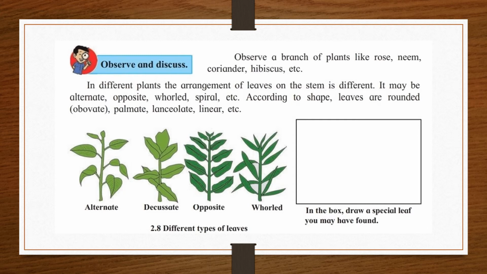We see such an arrangement in zinnia. While when more than two leaves are attached to the stem, such an arrangement is called whorled arrangement. Understood? Okay, students. So as a result, we can see different types of arrangement of the leaves on the stem.